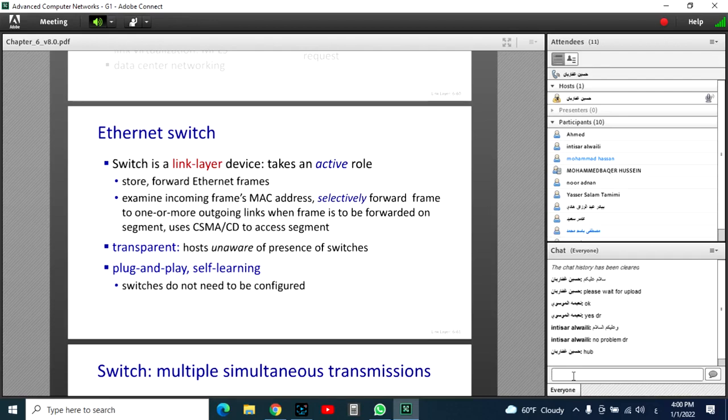When we talk about Wi-Fi, Wi-Fi is a wireless copy of Ethernet. In wired networks, for LAN, we are using Ethernet. In wireless, we are using a wireless copy of Ethernet. We call it Wi-Fi. So, instead of a hub, I'm using a switch or an Ethernet switch.